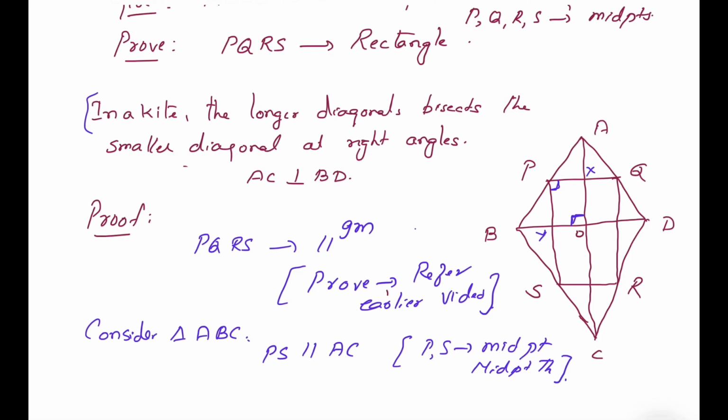Similarly, consider the triangle ADC, QR. PS is parallel to AC, so you can say PY is parallel to OX.